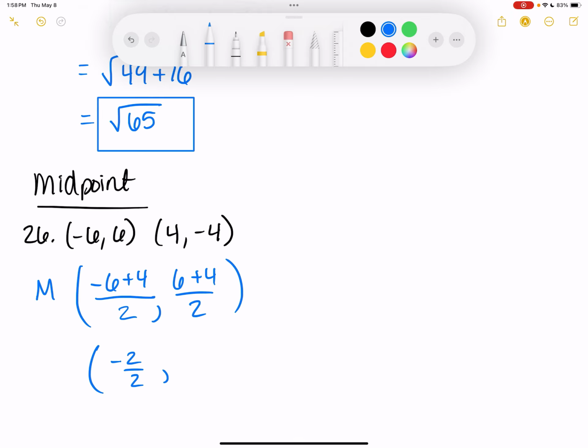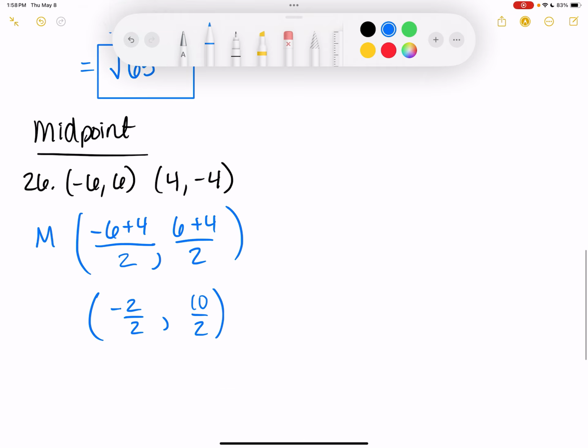And then over here, 6 plus 4 is 10 over 2. And then I just need to reduce it on down. If you can reduce it as you go, that's totally fine. I do want to see your step where you've initially set it up, but if you can go straight from there to the final answer, that's okay. So then this would be -1 and 5.